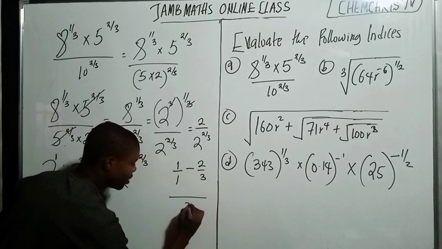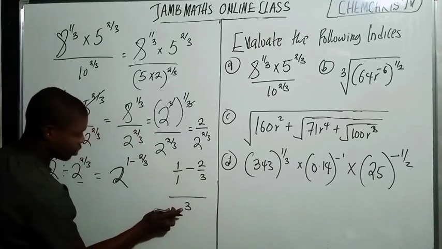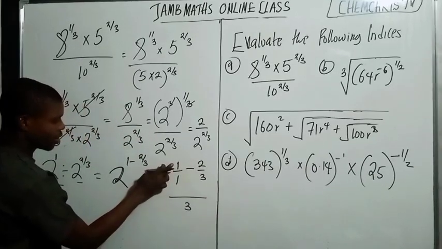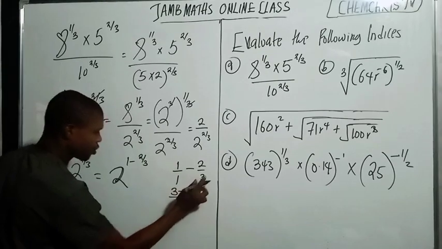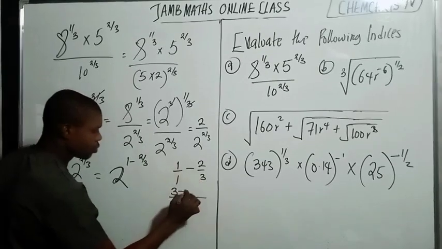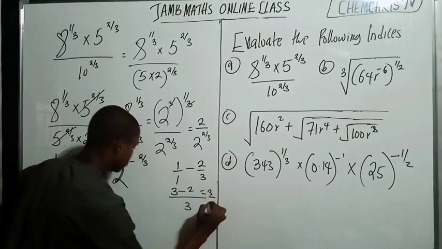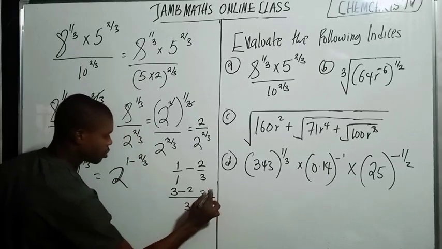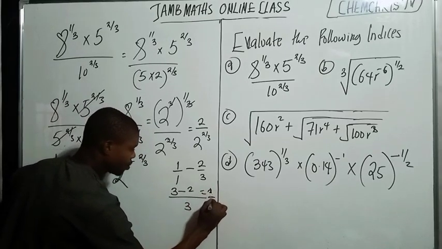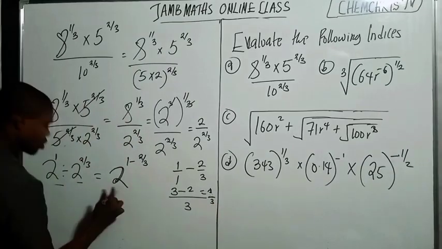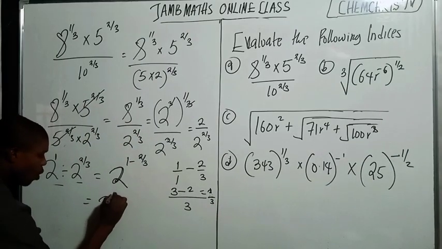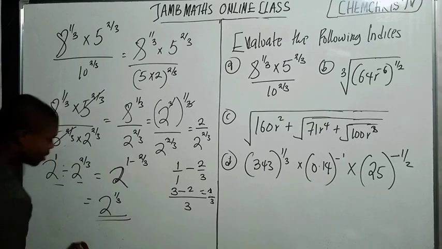The LCM is 3. 3 going into 1 is 3, times 1 is 3, minus 2. So it's going to be 3 minus 2 over 3, which is 1 over 3. So here it's going to be 2 raised to 1 over 3. This is the answer.